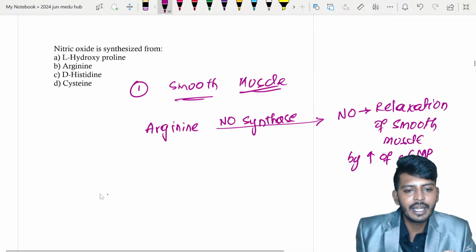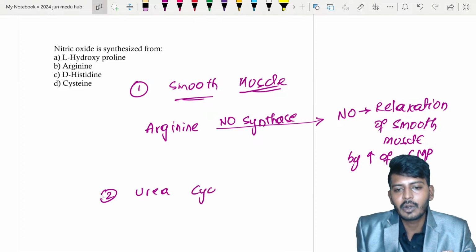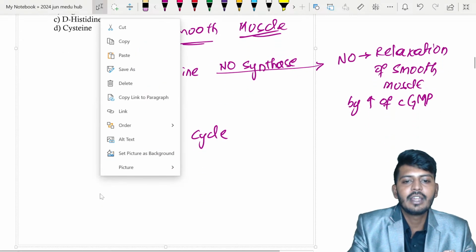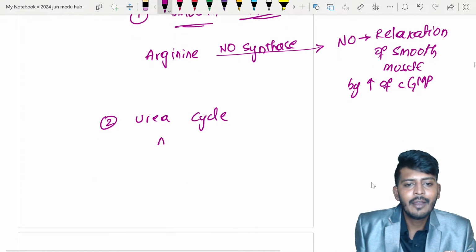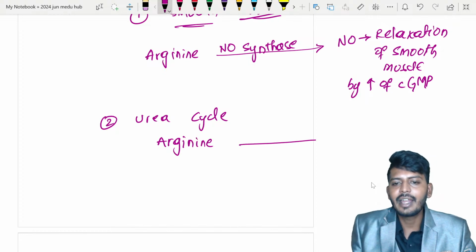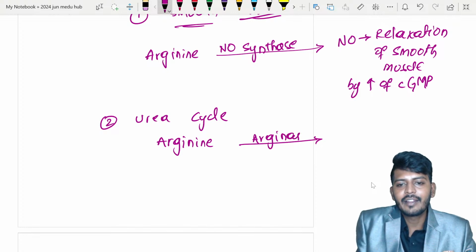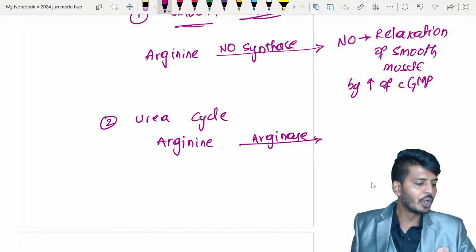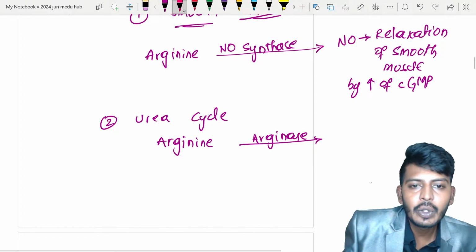Then the next important role: arginine plays a role in the urea cycle also. So what is the role of arginine in the urea cycle? Listen carefully. In the urea cycle, we have an amino acid called arginine. Arginine undergoes the influence of an enzyme called arginase.